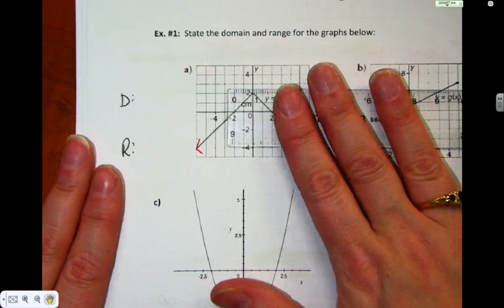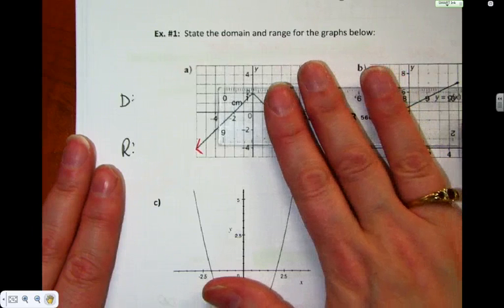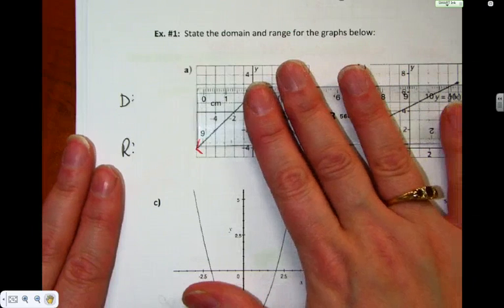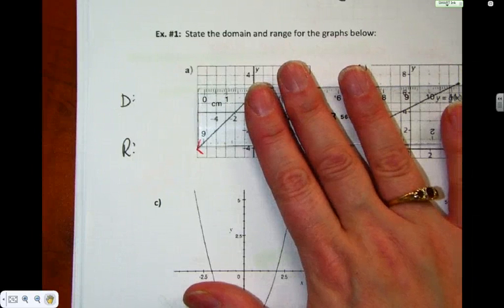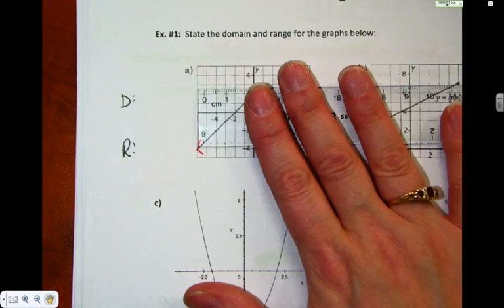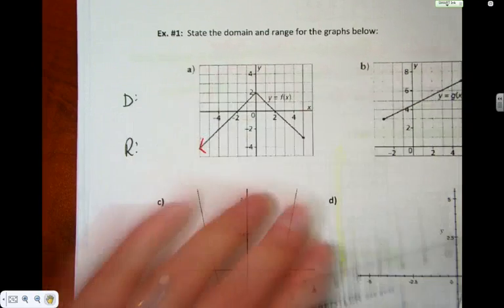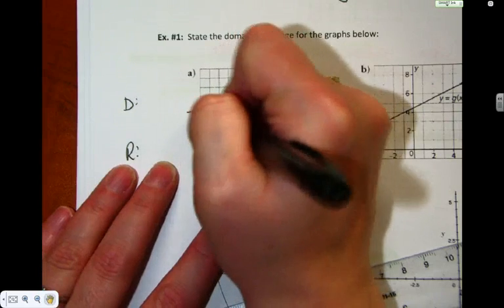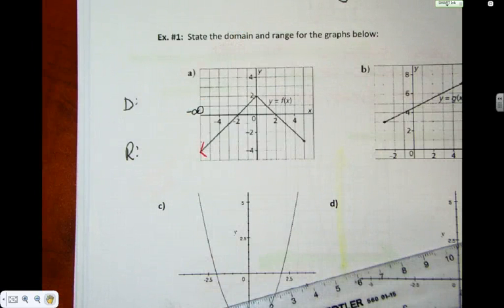Negative 3, is there still graph there? Negative 4, negative 5, negative 6. I'm out of room, but if I keep going, would there still be graph? So what is the lowest possible x value? Negative infinity. I'm just going to write that on the left-hand side, and we'll come back to him in a second. Why negative infinity? Because there's an arrow, and the arrow means it goes on forever.